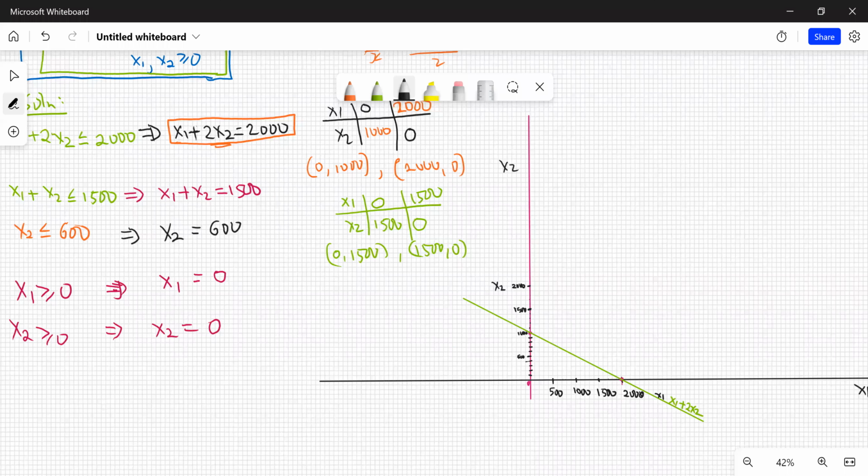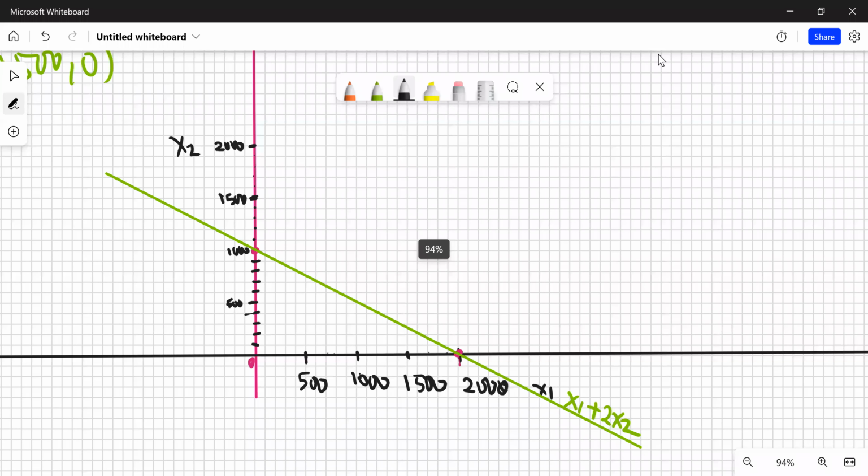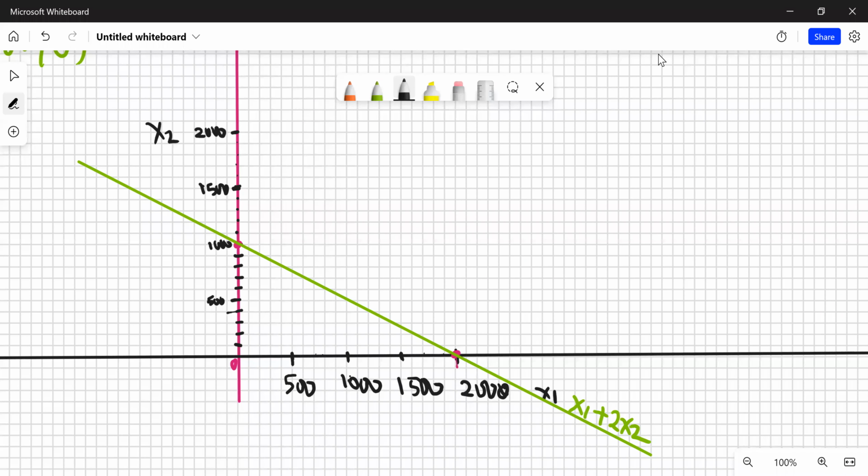We are drawing the first line, x1 plus 2x2, which is passing through the points (0, 1000), which is here, and through the point (2000, 0). So this is a line.